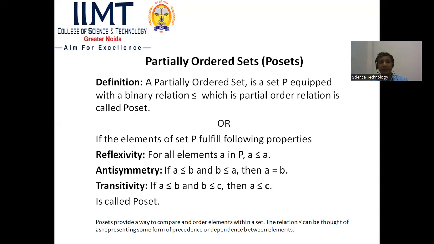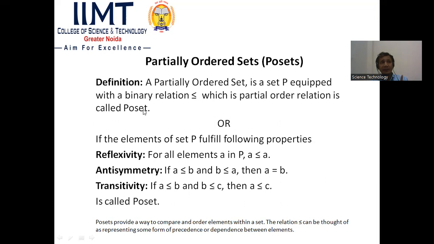So now we are defining partial order set. Definition: a partial order set is a set P equipped with a binary relation less than or equal to which is a partial order relation, and is called a poset.